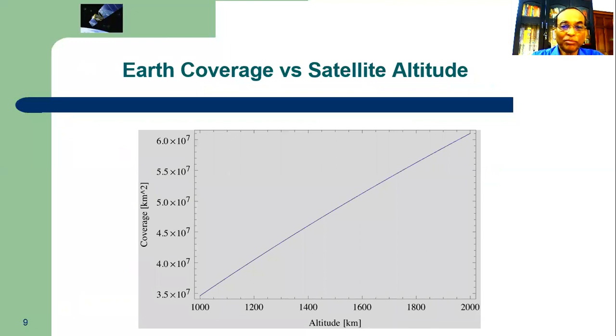This graph is showing the coverage area against the altitude. If the satellite is at very high altitude, then this coverage area will be more. And if the altitude is less, the coverage area will be less, and the time of visibility of the satellite from some Earth surface will be much less.